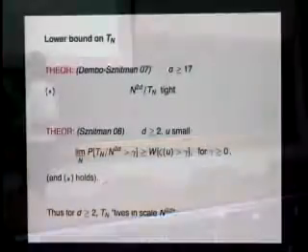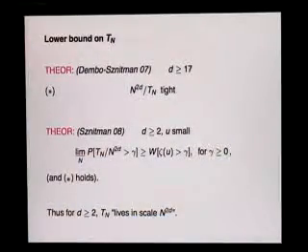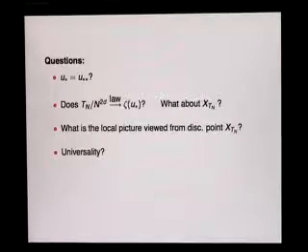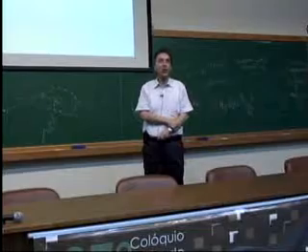Now, this kind of result, this upper bound and this lower bound, motivates a number of questions. From the pure percolative point of view, there is the question of whether u star and u double star agree. It is known to be true for usual Bernoulli percolation.